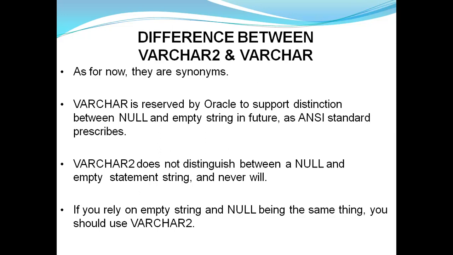Varchar is reserved by Oracle to support the distinction between null and empty string in future, according to the ANSI standard. The ANSI standard says that you should have a difference between empty and null, because empty and null is not actually the same.